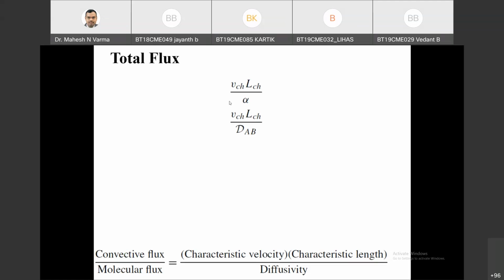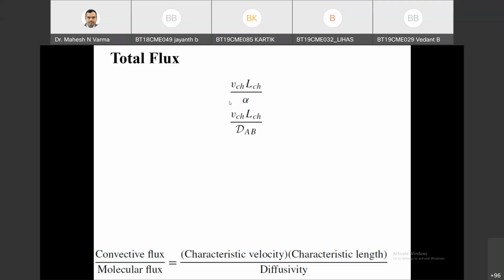So mu by rho, so rho into V into L, that is, L is a characteristic length, velocity, rho divided by mu, d V rho by mu. So this is similar to the Reynolds number, but it will have different physical significance that we'll see when we come across the interface flux.